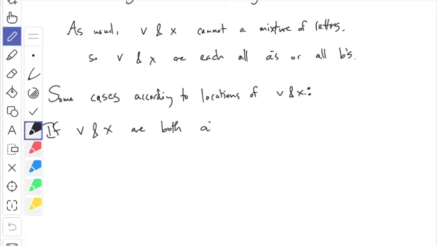A's, actually this is an easy case because if they're both A's, then when you increase their powers, you are increasing the number of A's but not increasing the number of B's, and that will break the format. So this is an easy case.